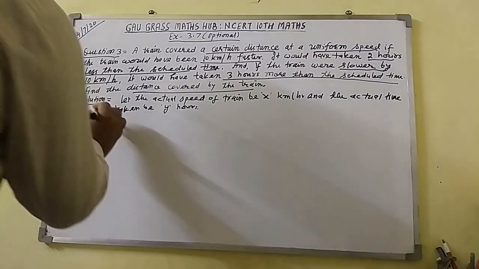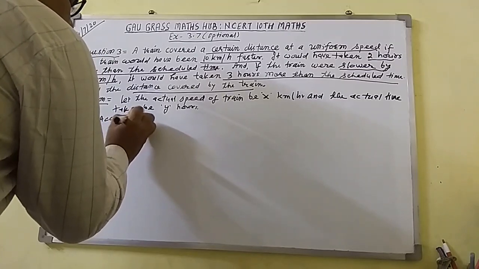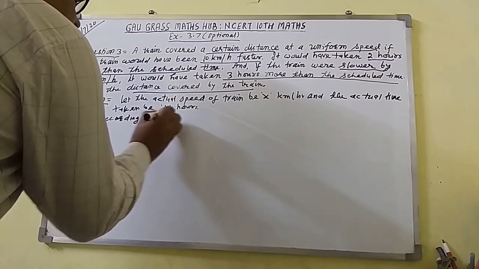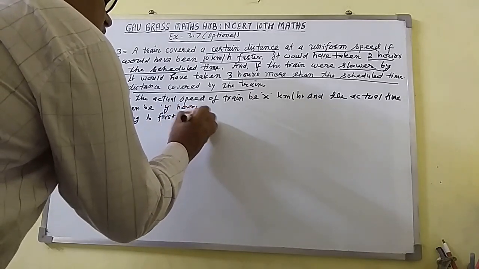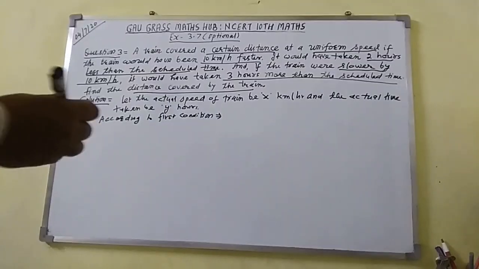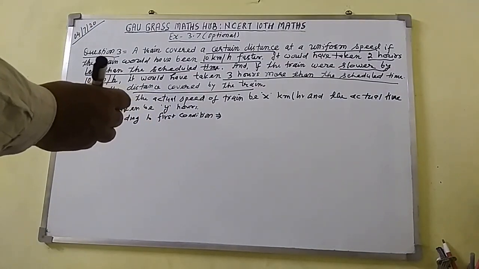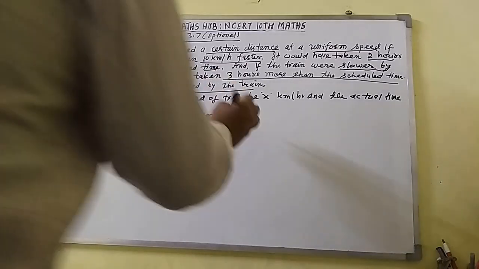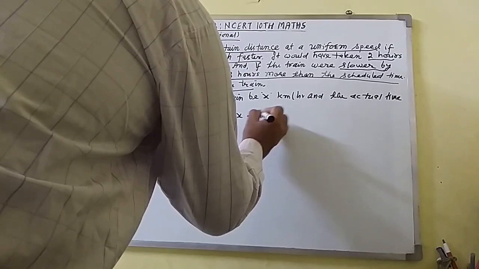Now come to here. According to the first condition, the train would have been 10 km per hour faster. Therefore, x plus 10.